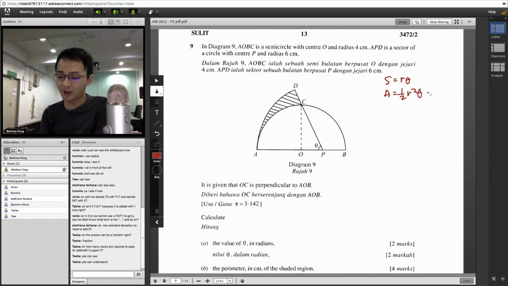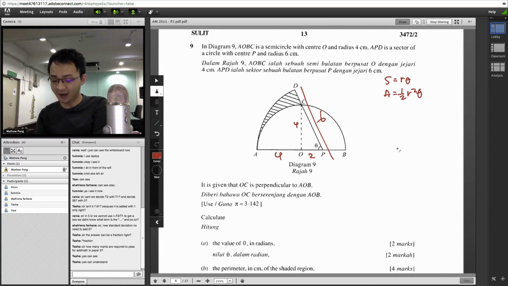In this question, it says Diagram 9 shows AOBC is a semicircle with center O and radius 4. So this is 4, this is 4. APD is a sector of the circle with radius 6, so that means I know here is 2 because the whole thing is 6, with center P. It's given OC is perpendicular to AOB, very obvious.